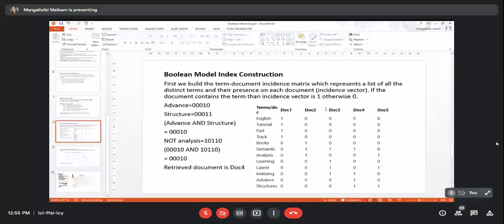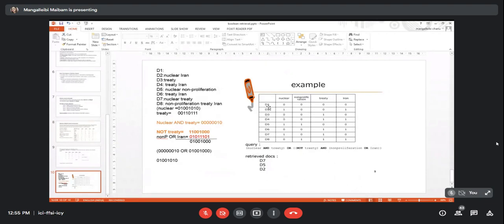Then for documents, what's the difference in this example? We have written the documents in horizontal format and the terms in vertical format. What they have written here is documents in the vertical and terms in the horizontal. So you can use any method, either terms in the horizontal or terms in the vertical.